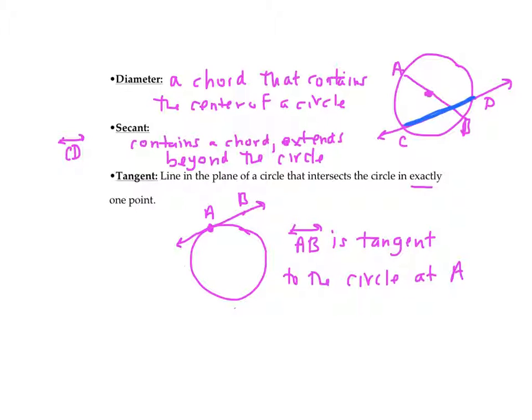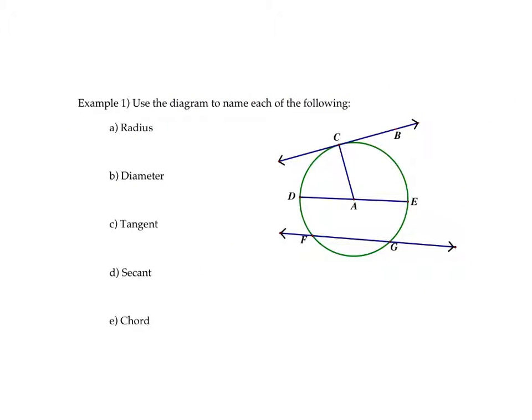Okay, so we're going to add some pictures to a diagram. So let's take a look at that. In example 1, actually we're just going to name the special pieces. In example 1 it says use the diagram to name each of the following. So for part A, it says we have to name a radius. There are actually 3 possible answers here. So we want to start from the center and go to a point on the circle.